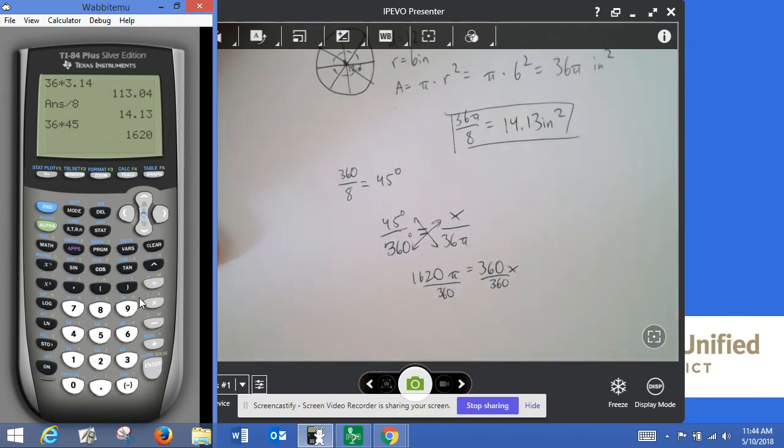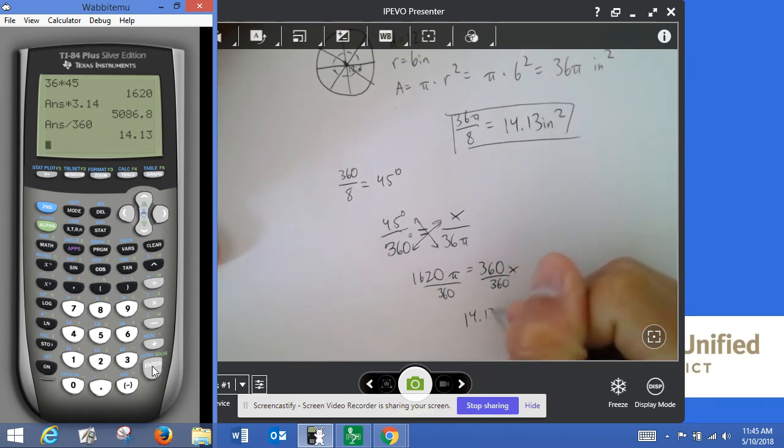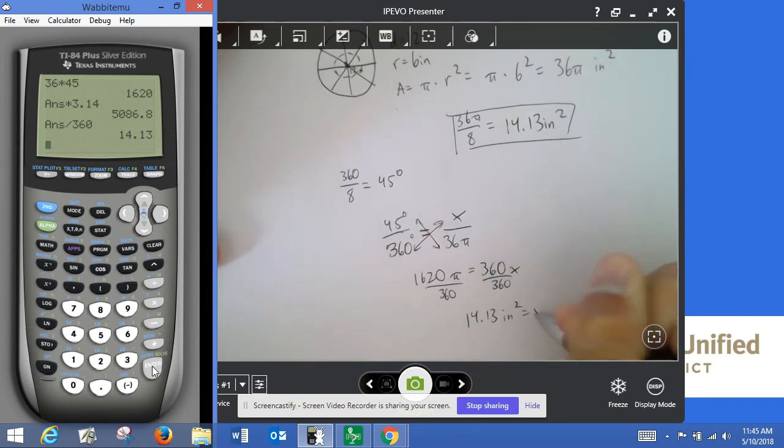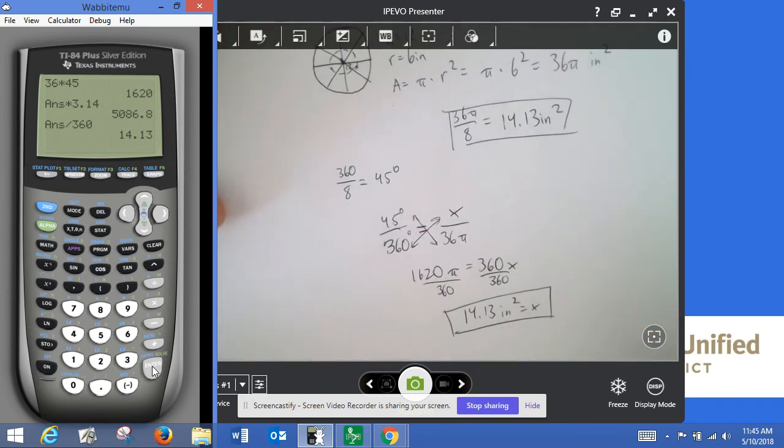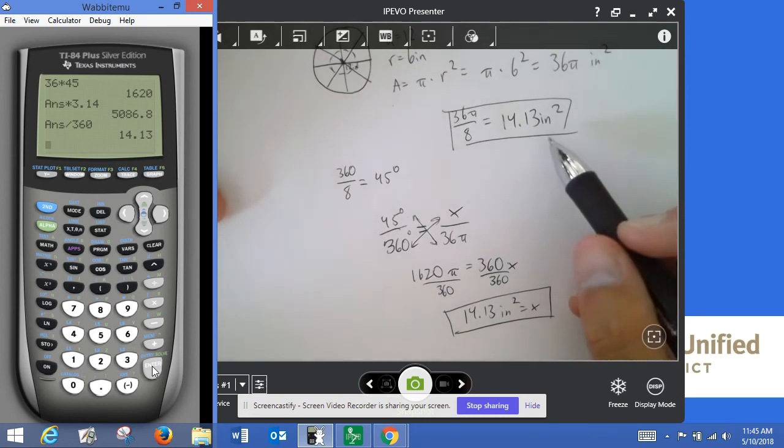So I'm going to multiply my last answer by 3.14, which is pi, and divide that by 360. There you go. It's the same answer. 14.13 inches squared is the area of that individual slice.